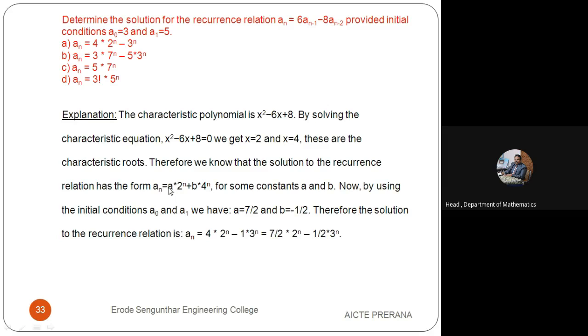Therefore, the solution is an equal to a into 2 power n plus b into 4 power n. Now, using the initial conditions a0 equal to 3 and a1 equal to 5, we find the values of a and b. The values are a equal to 7 by 2 and b equal to minus 1 by 2. Therefore, the solution is an equal to 7 by 2 into 2 power n minus 1 by 2 into 4 power n.